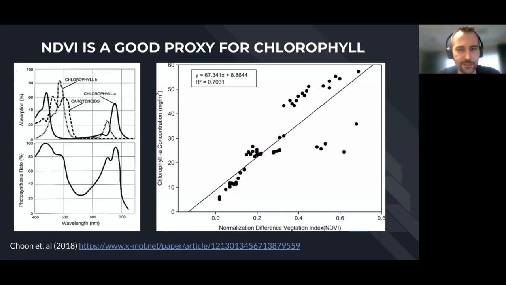Do you have any comments on this? I think it could be a good idea, but I'm not sure. It depends on the atmosphere of the planets, because there might be clouds and so on, so you get a mixed signal and you don't really sample the surface. You might sample other things in between. So the NDVI signal might be hidden, and I wouldn't know how to correct for that on other planets.